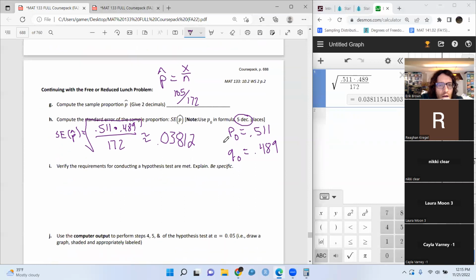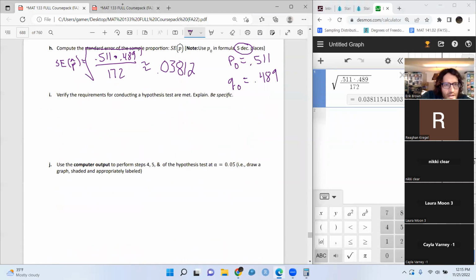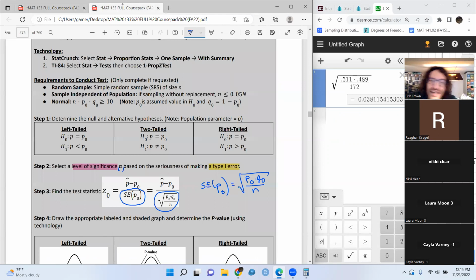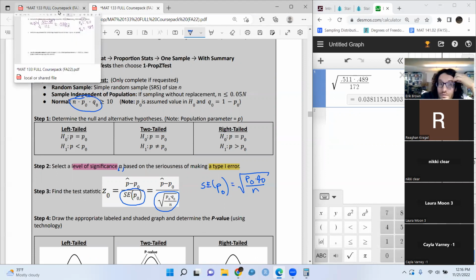Good to go. You noted, hopefully, there is a slight difference with the requirements for the test. Notice what you use for normal. You don't use the sample value. You use the assumed value of the population. So you use the P naught, not the P hat. That's different from confidence intervals.